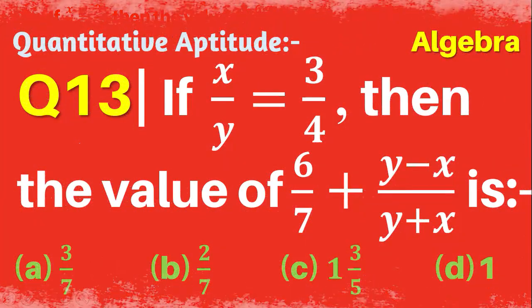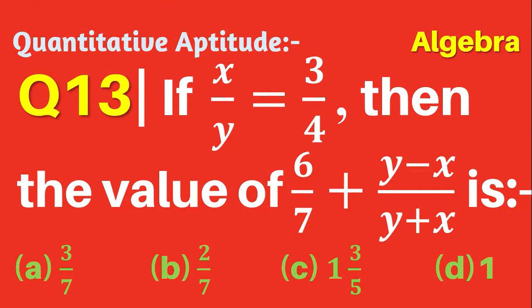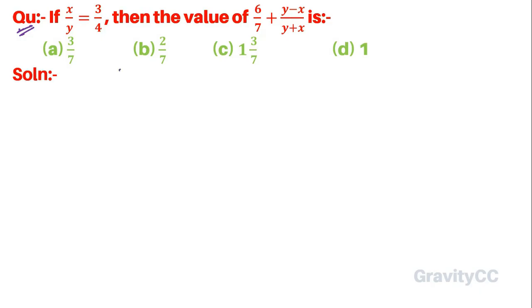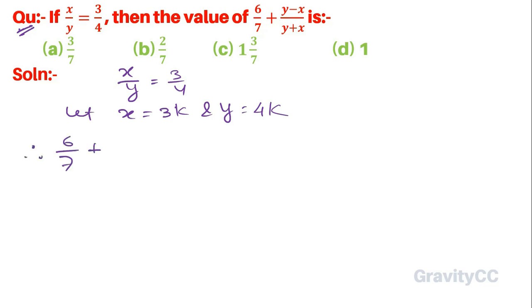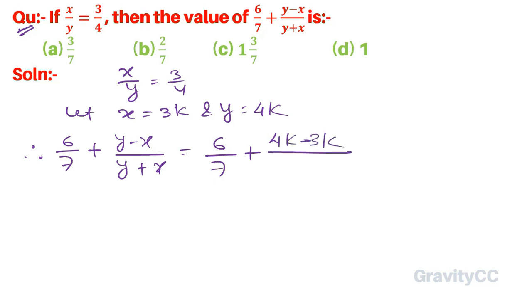If x upon y equal to 3 upon 4, then the value of 6 upon 7 plus y minus x upon y plus x is. So here given x upon y is equal to 3 upon 4. So let x is equal to 3k and y equal to 4k. So therefore 6 upon 7 plus y minus x upon y plus x is equal to 6 upon 7 plus 4k minus 3k upon 4k plus 3k.